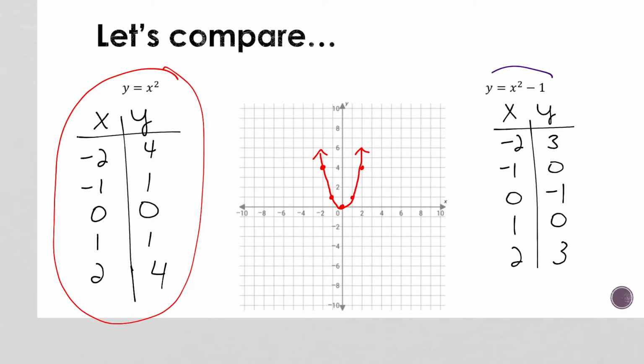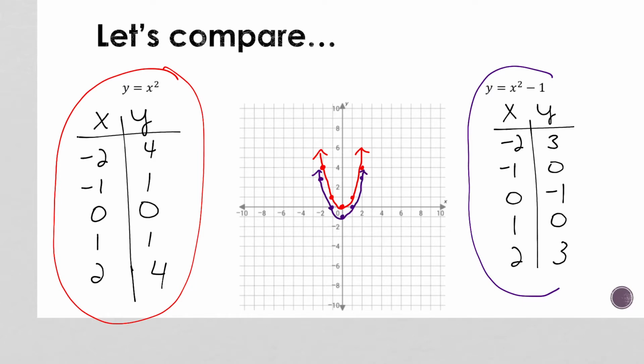All right, we're going to do this one in purple. Negative 2, 3 is right here. Negative 1, 0 is right here. 0, negative 1 is right here. 1, 0 is right there. And then 2, 3 is right here. Notice that each point is lowered by 1.